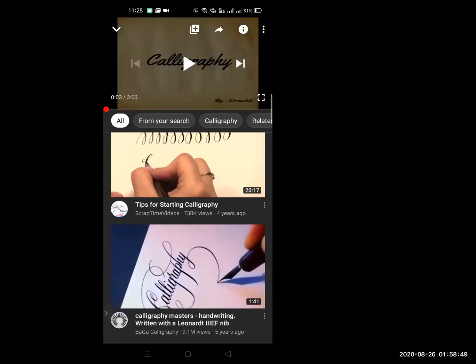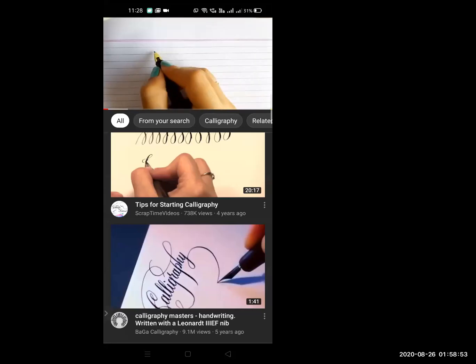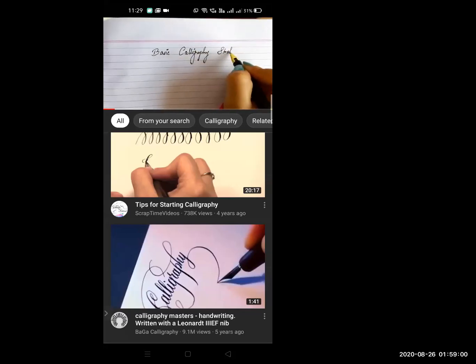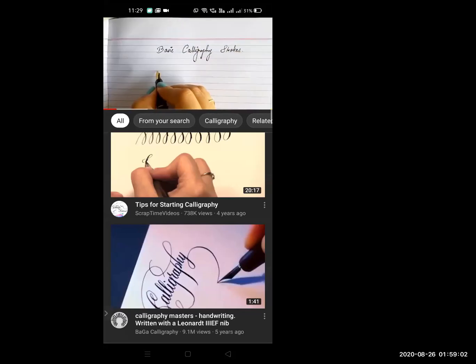Here this is the same way which I've taught you. Just pay attention to this video now. So you can understand and you can do it in this way. So these are the basic calligraphy strokes.